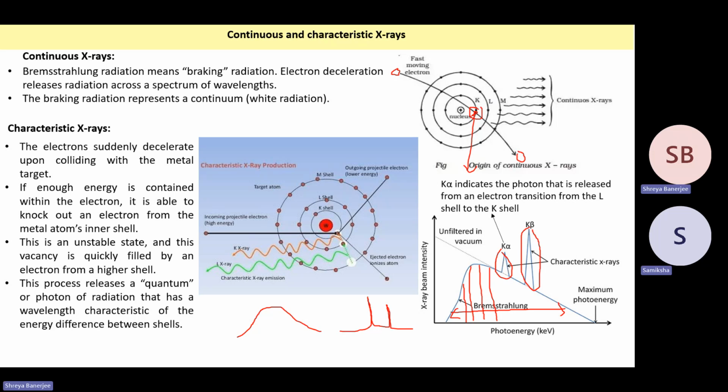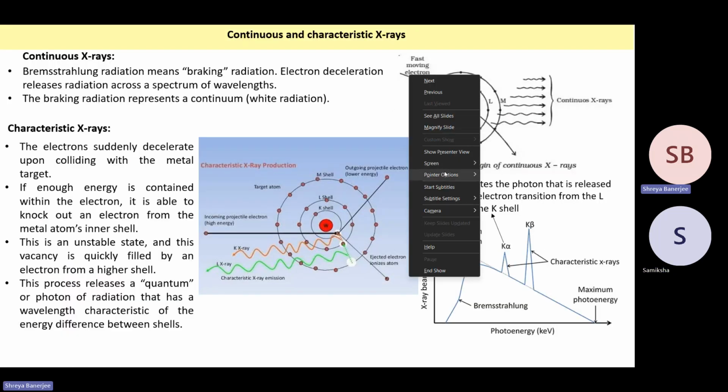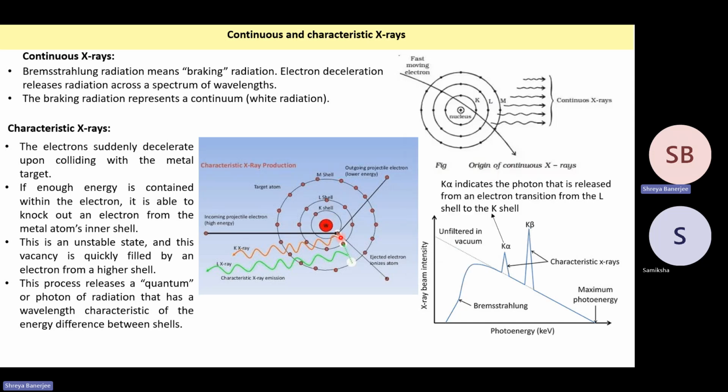See, I'll tell you when this happens. In order to knock out one electron from an atom, you need to have a certain level of energy. If your projectile electron does not have that much energy, it will just go through the atom and it will not affect the atom, but while passing through the atom, it will get a little bit deflected.